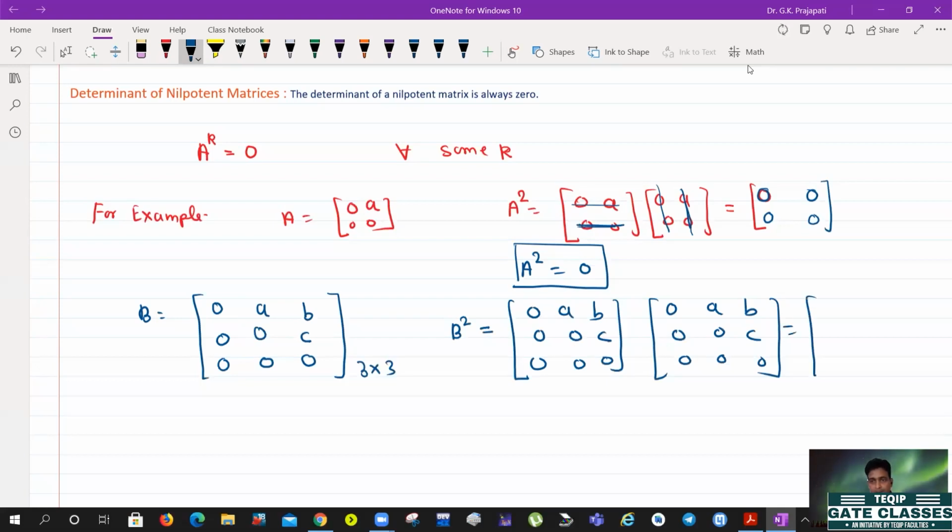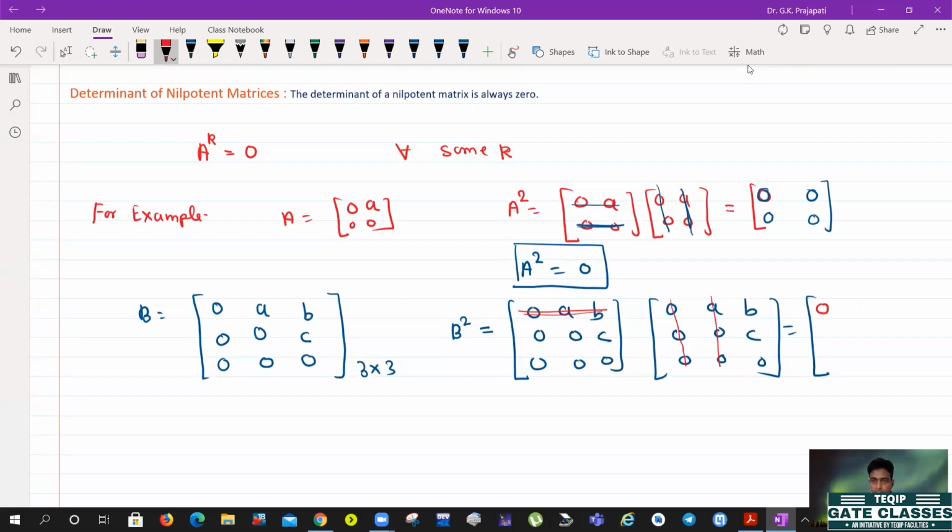When we multiply these two matrices, first row and first column, then we get 0. First row with second column, this will again be 0.